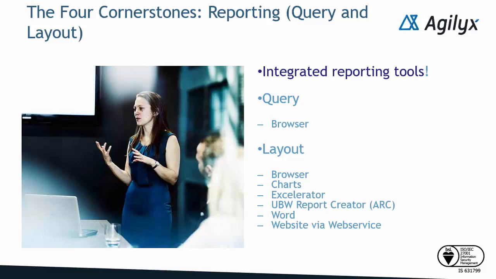The application is quite powerful in terms of reporting. You have the browsers. Then you can lay them out as charts. You could have accelerators, if everyone knows about them. You could have ARC reports, but actually the ARC is now into extra reports.